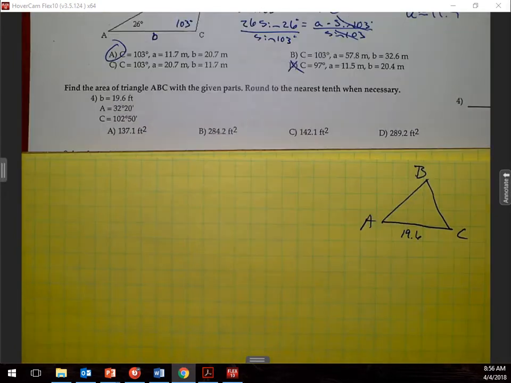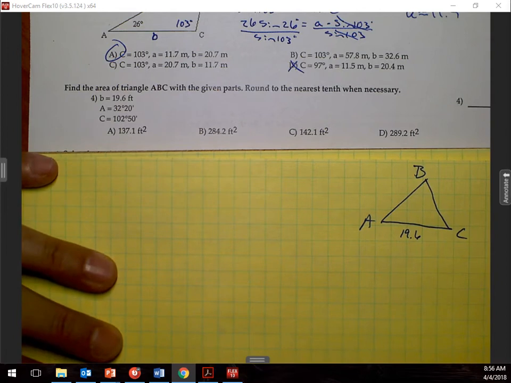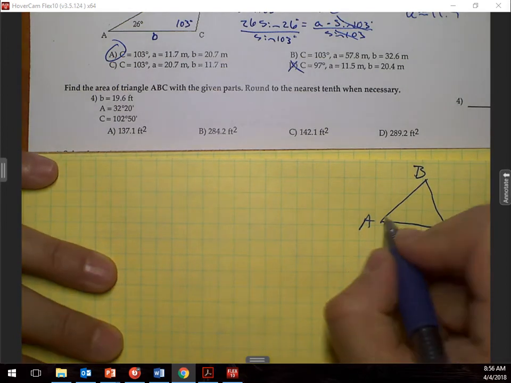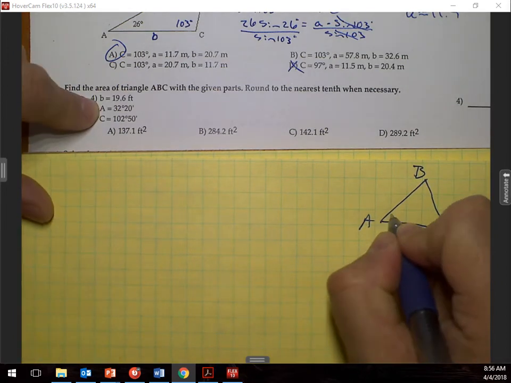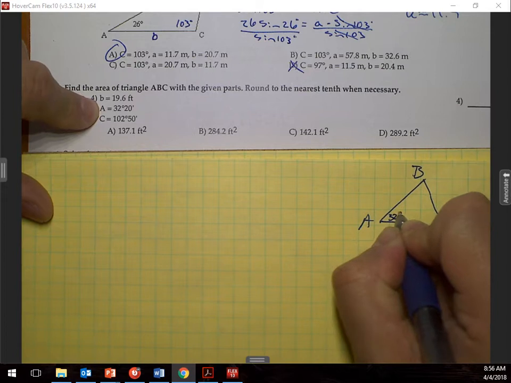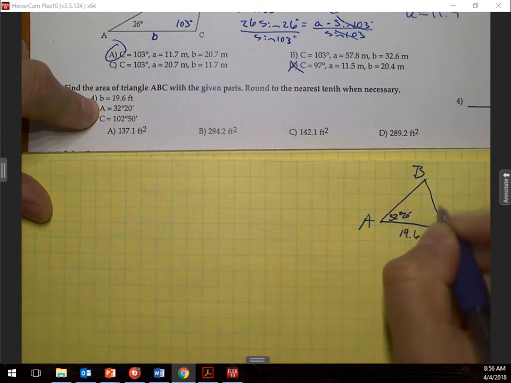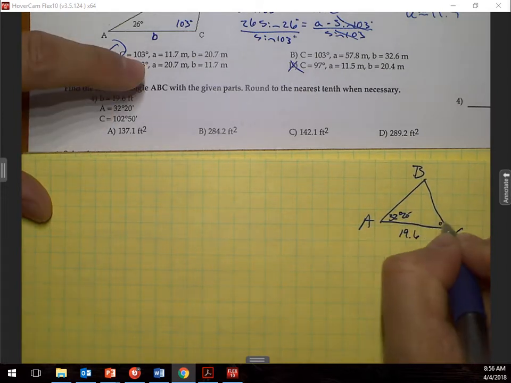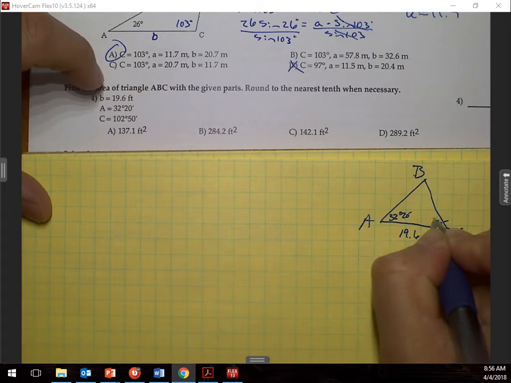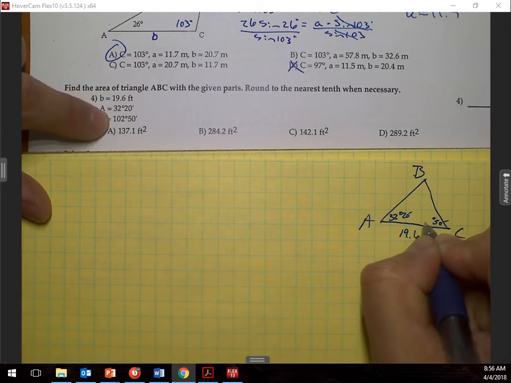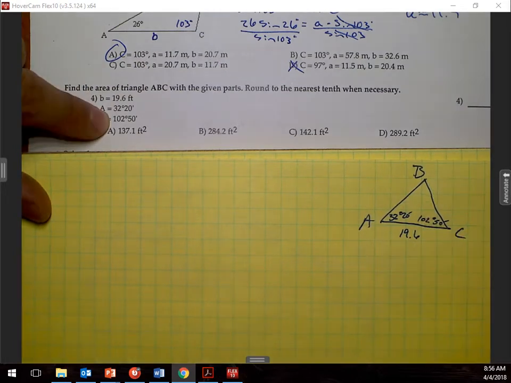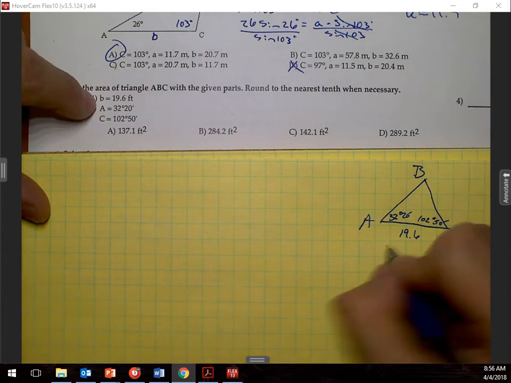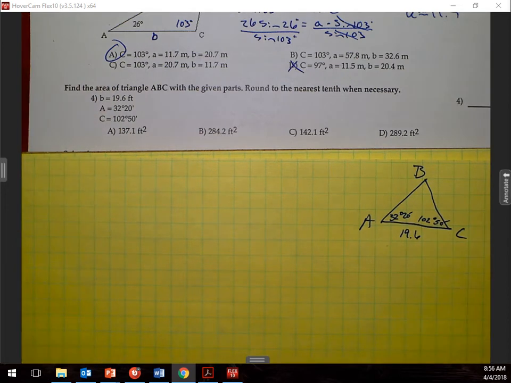So, right here, let's look to see what we have. We have 32 degrees, 20 minutes, 50, and 102 degrees, 50 minutes, and there we go. All right, so look at the information I have here.